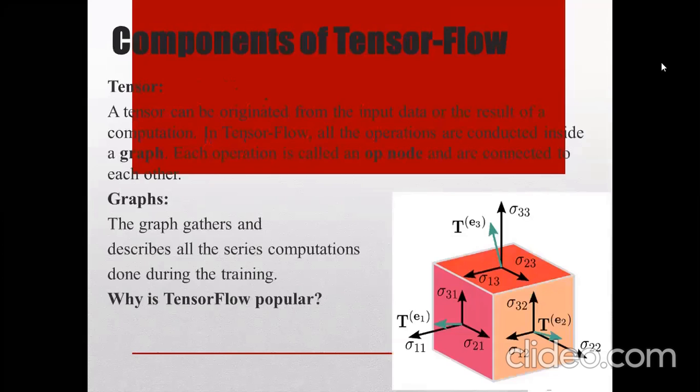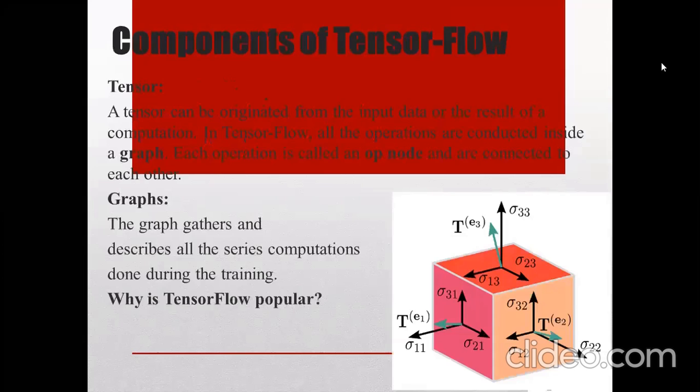Then a tensor can be generated from the input data or the result of a computation. So how do you obtain a tensor? It can be present in the input, or when you perform operations and get the result, you can also generate a tensor. In TensorFlow, all operations are conducted inside a graph. It is very important. TensorFlow is mainly a graphical representation, so all the operations are conducted inside a graph.